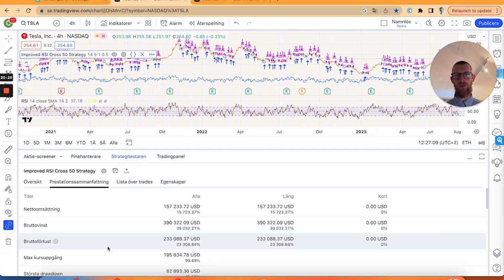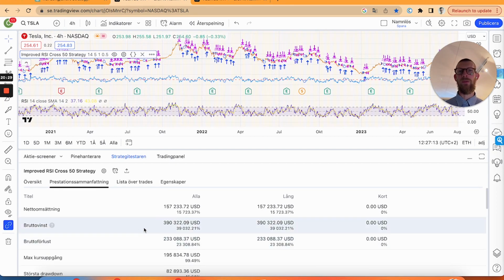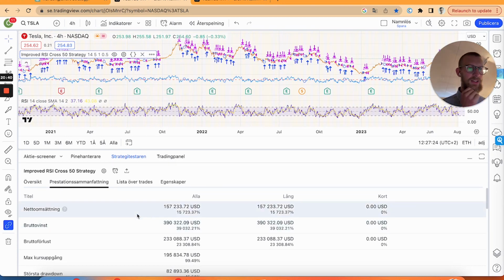And to beat the buy and hold is the very thing that we're trying to do, because otherwise there is no reason to trade. You can just buy and hold the asset. So trying to beat that is the whole reason we're trying to do this. And it actually performed worse than that.